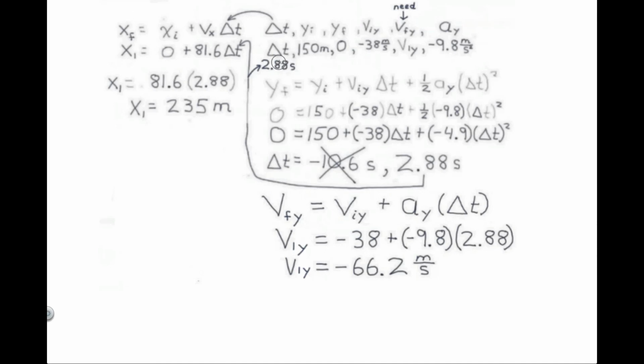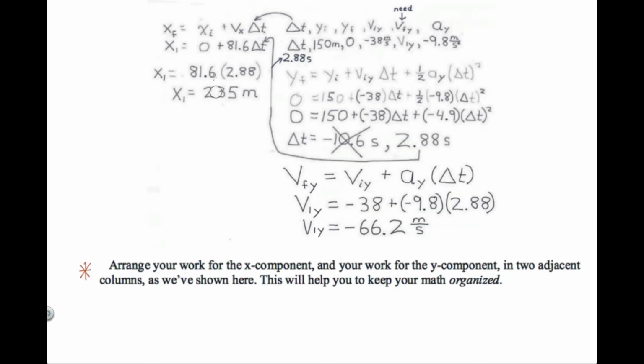Then we used the setup for the y component a second time. The second time, we used the setup for the y component to find the final y. Arrange your work for the x component and your work for the y component in two adjacent columns, like we've shown here. That will help you to keep your math organized.